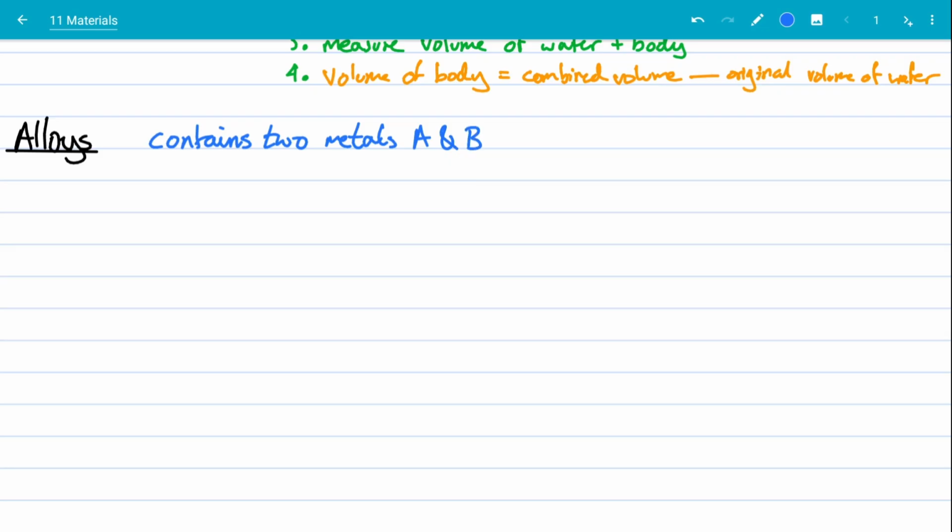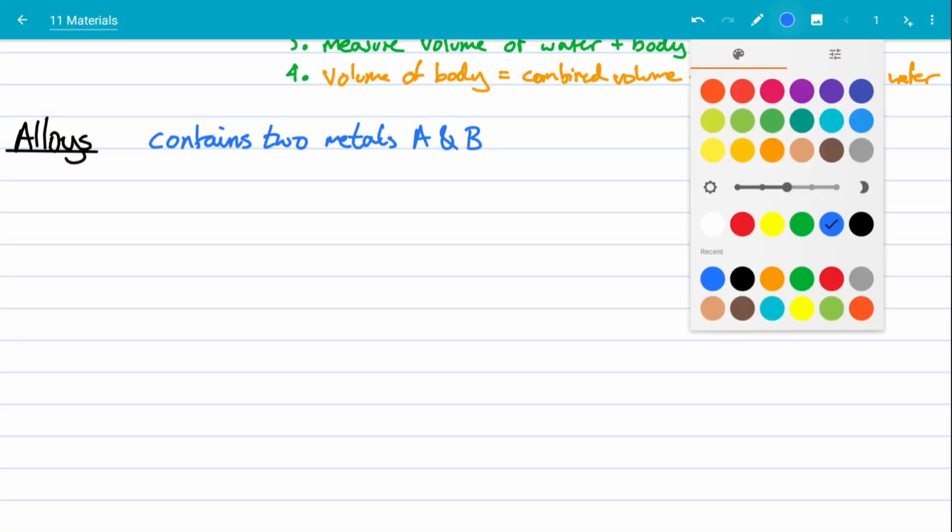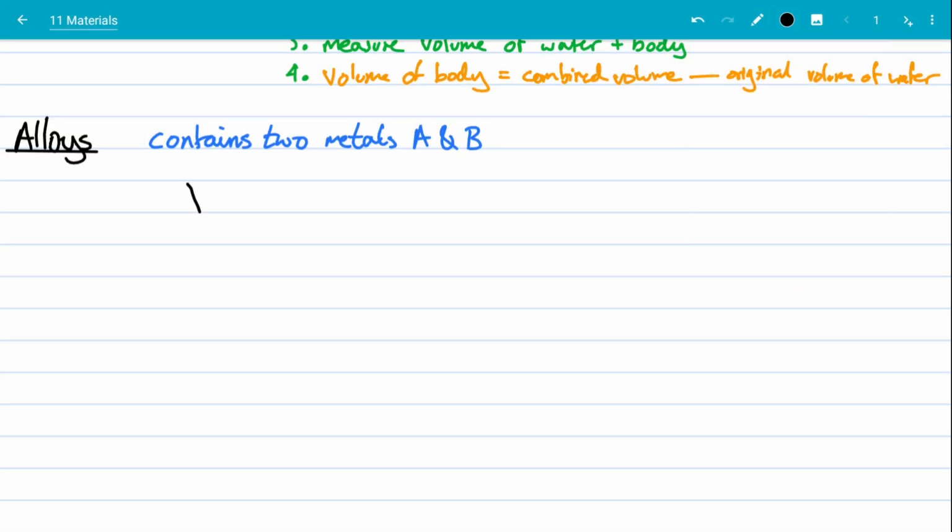We can say that the volume of the alloy, which we'll just call V, is equal to the volume of A plus the volume of B. Is that true for alloys? No, that's not true for alloys because they mix and it does something else.